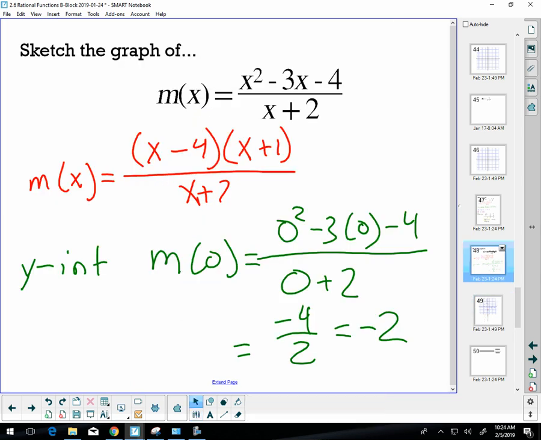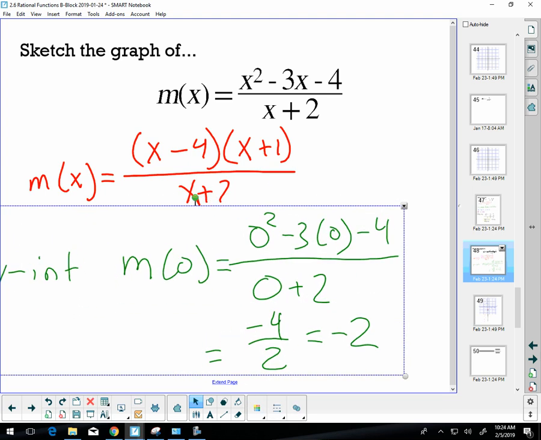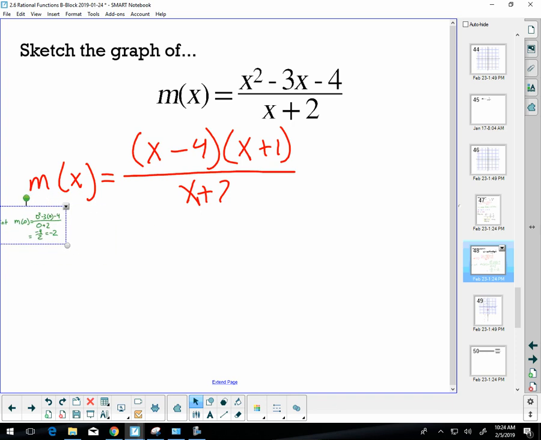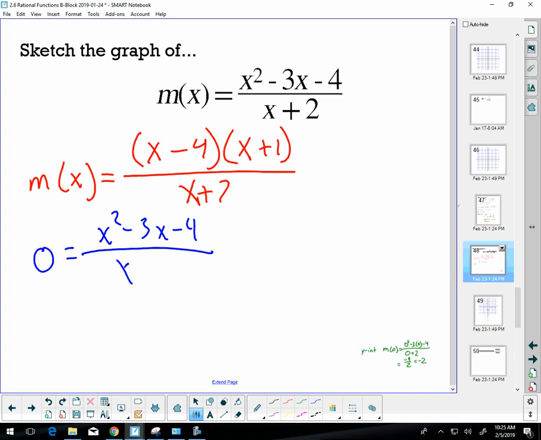For the x-intercept, I need to set y equal to 0. And that can be a little more troublesome at times. So 0 equals x squared minus 3x minus 4 over x plus 2. And depending on your approach, you can either multiply both sides by x plus 2 or just realize that the only way a fraction has a value of 0 is for the numerator to have a value of 0.